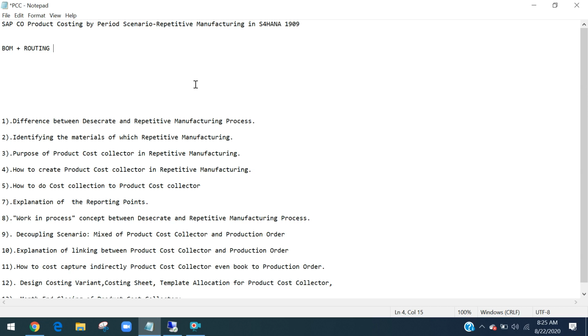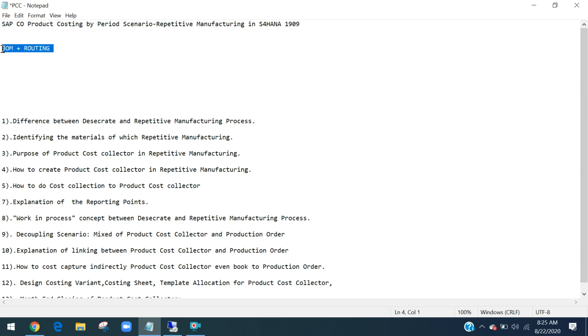BOM is nothing but the input materials and their quantity. Routing means the manufacturing process step by step: operation 1, operation 2, operation 3. For example, operation 1 manufacturing, operation 2 cleaning, operation 3 packing. All these combinations are included in the routing.